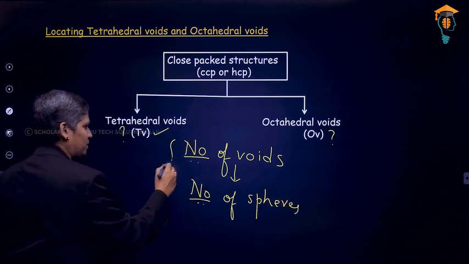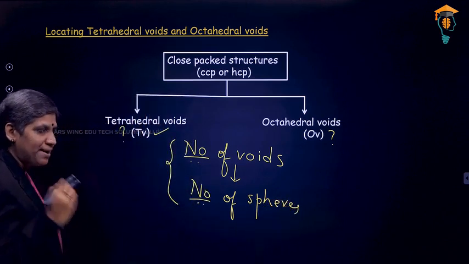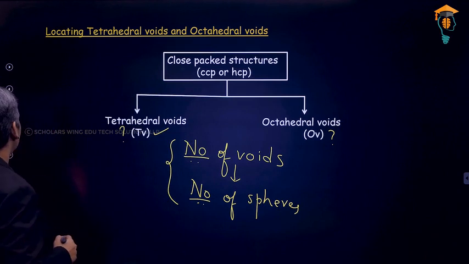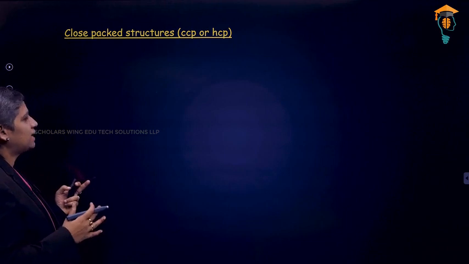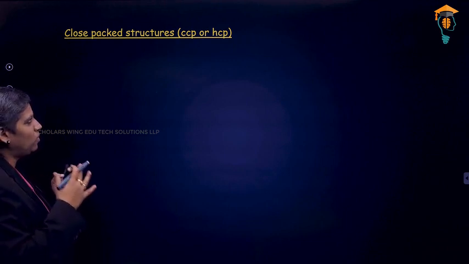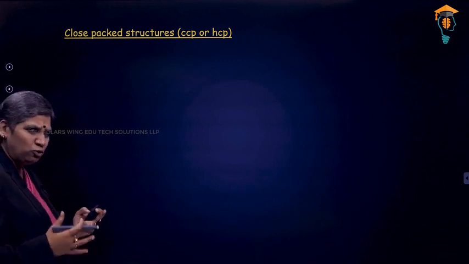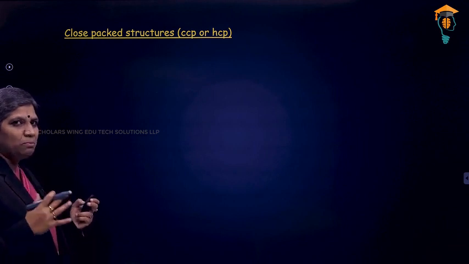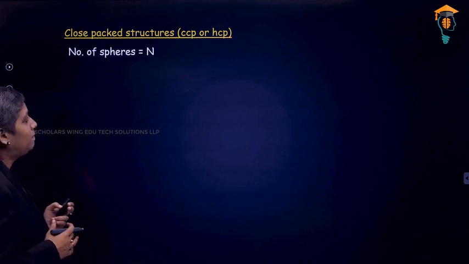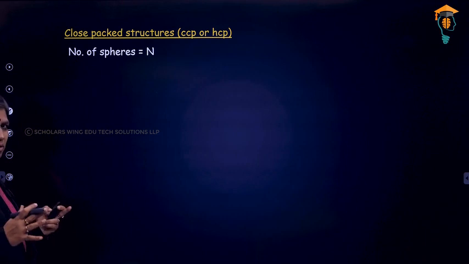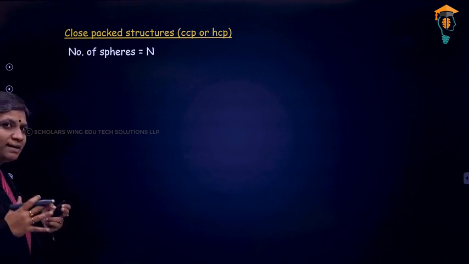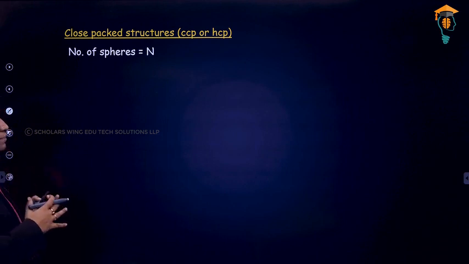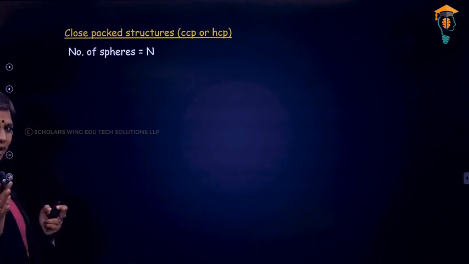So what is the relationship between these two? Let's look at it now. Once again, let's take up CCP or HCP and assume that there are n number of spheres. But guys, it is very important now. Actually, it is found that the number of octahedral voids, either in CCP or HCP, is also n.